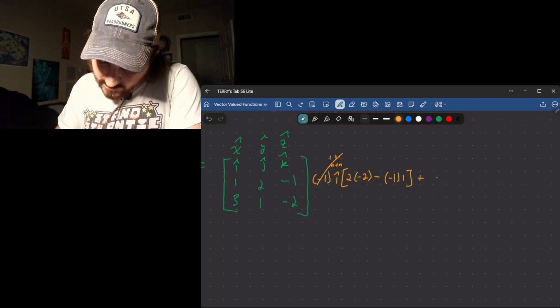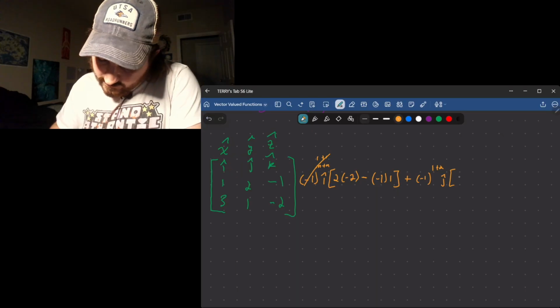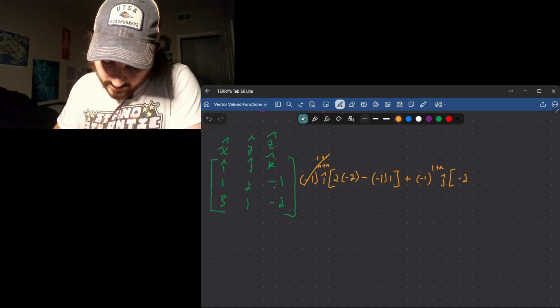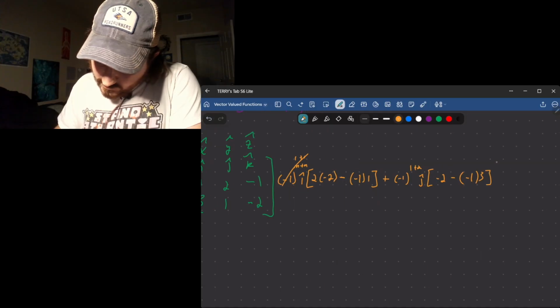Whereas here, you have negative 1 to the, we're still in the first row, but we're in the second column, so now it's odd, so it's going to stay negative. And then you have j hat in our parentheses, so we can do our multiplication. So then we've got 1 times negative 2, so that's just negative 2. And then again, remember your minus, so you've got minus, and then negative 1 times 3. Okay, and then finally we're going to have our negative 1 to the 4th power, which is going to be positive. And then you've got k hat.